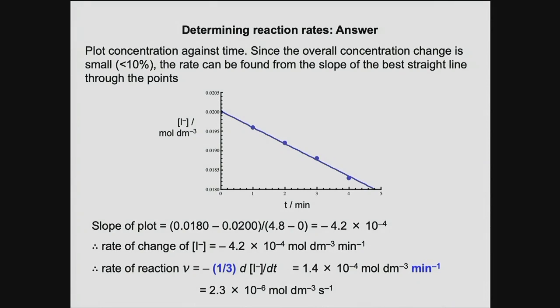So the rate of change of iodide is minus 4.2 times 10 to the minus 4 moles per decimeter cube per minute. The rate of reaction, you need to account for the stoichiometry and the minus sign because it's a reactant, not a product, so it goes away. And so you would come up with an answer of about 1.4 times 10 to the minus 4 moles per decimeter cube per minute, and then you need to convert that to seconds.